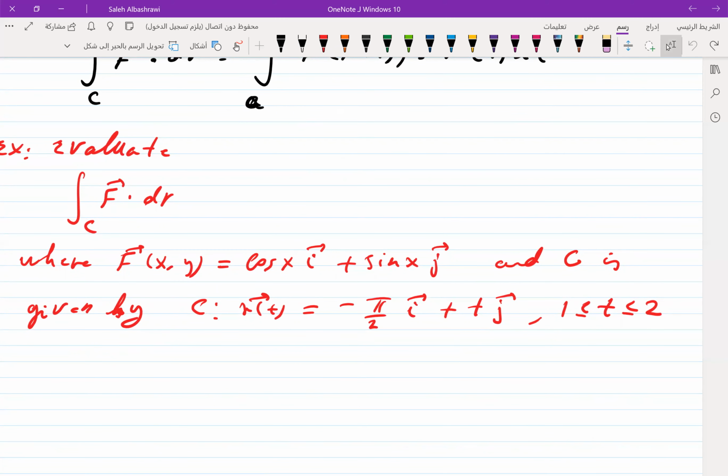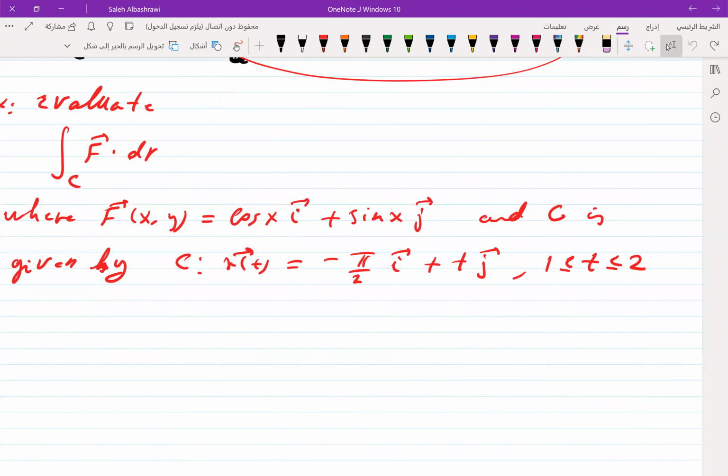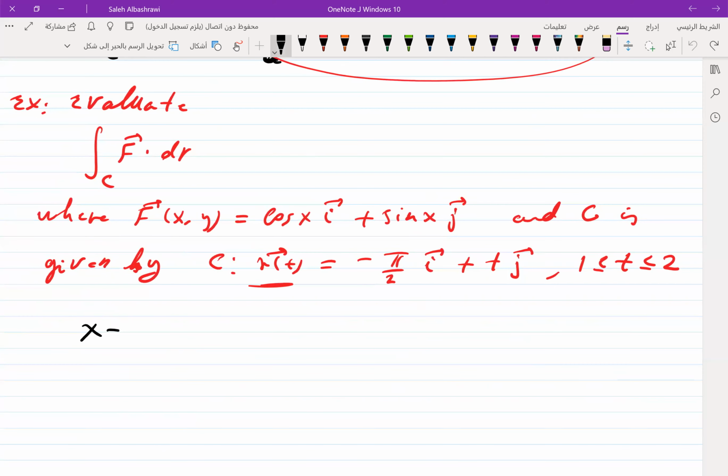Let's evaluate this integral, F dot dr. It is F of r of t. From the vector function, x is equal to minus pi over 2, and y is equal to t.